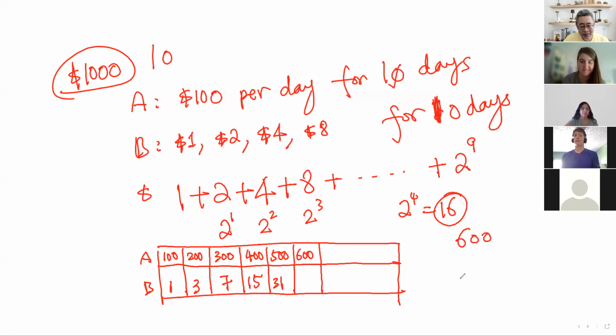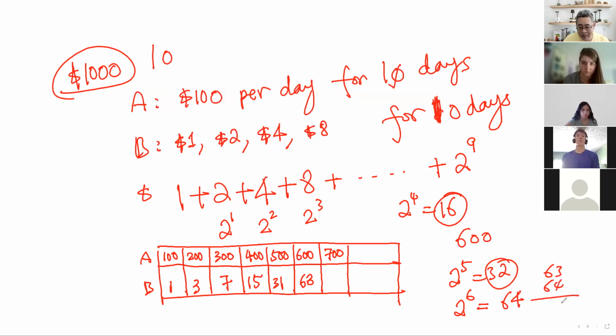600, we're going to add 2 to the 5th. 2 to the 5th is 32, 32 add 31 is 63. On the 7th day, we got 700 now, and 2 to the 6 is 64. So 63 plus 64, we got 127.